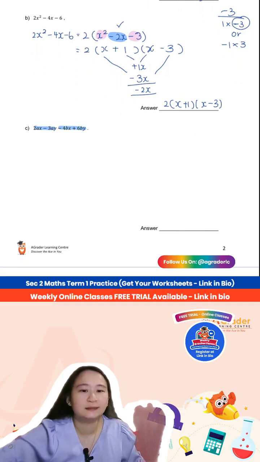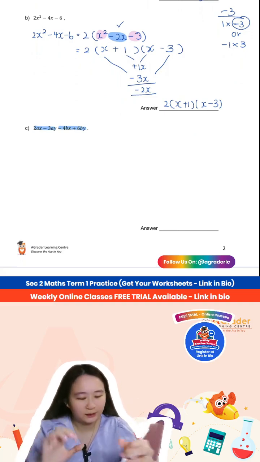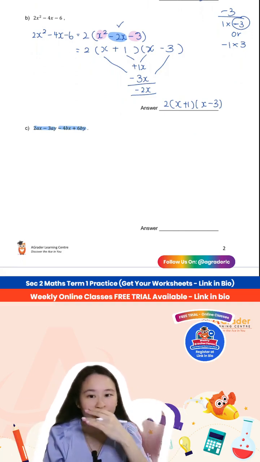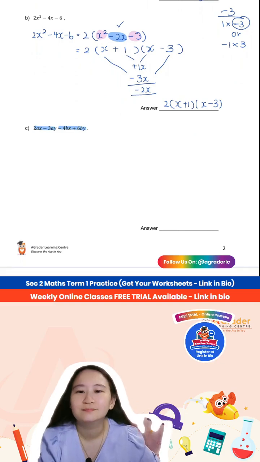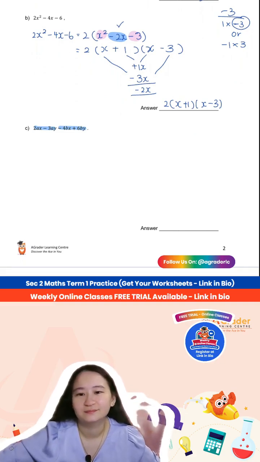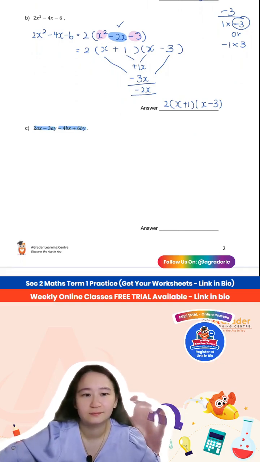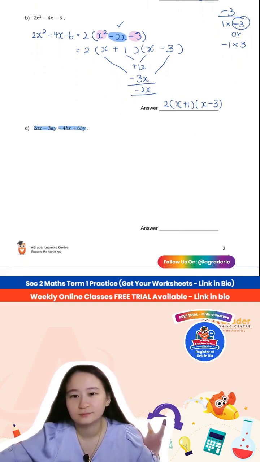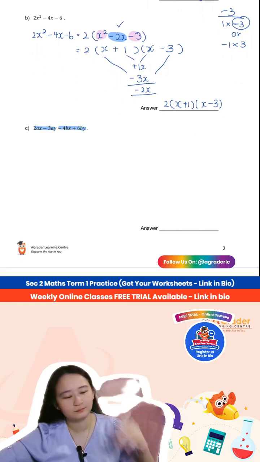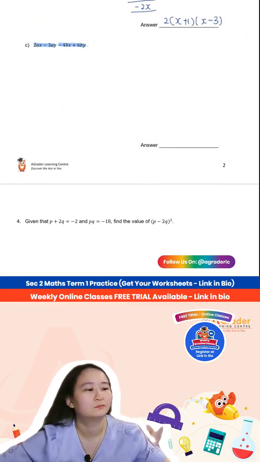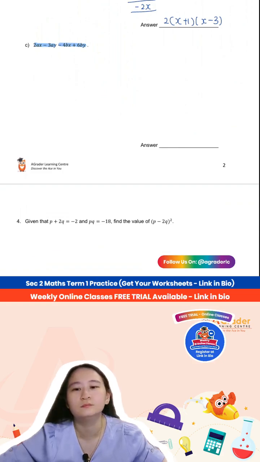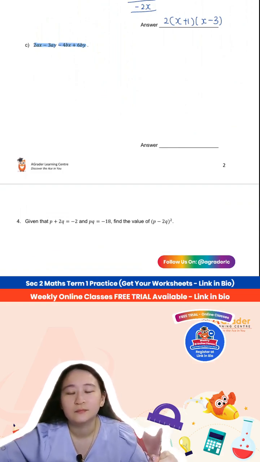Take note that the sign, the term itself will always take the sign in front. Yep, this is Sec 2.